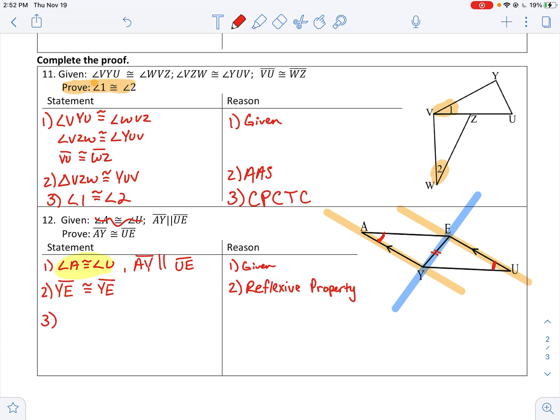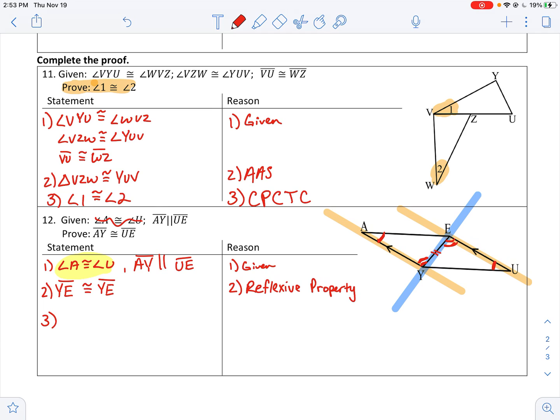And what are some angle pairs I could find? Well, I could find alternate interiors, or I could find alternate interiors. Either way, so you could say that those two are alternate interiors right here, or you could use the other pair. And you know what?